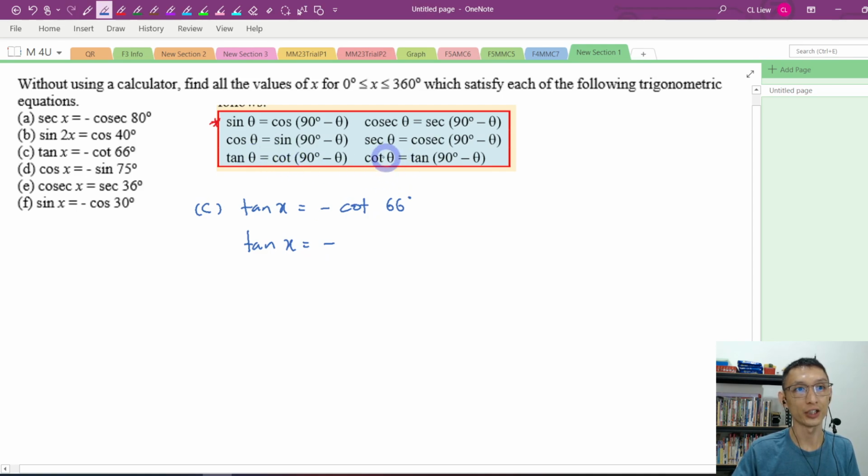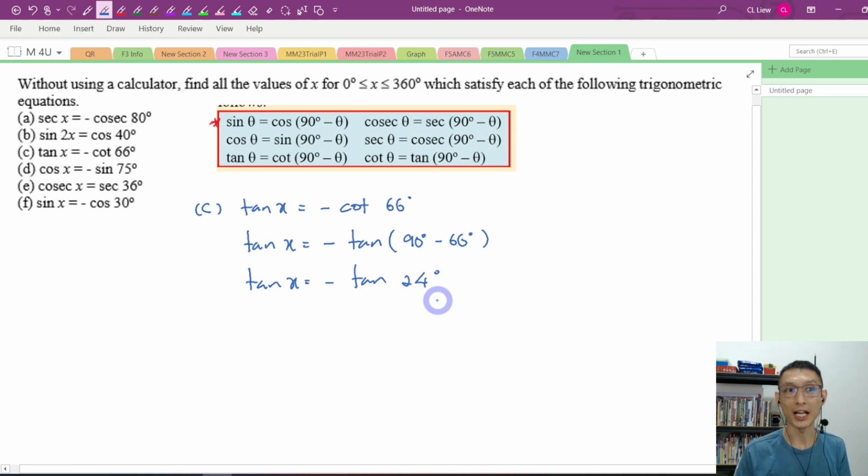Cotangent, tangent. So now I change to tangent. So it will become 90 degree minus 66 degree. Okay, so from here I know that the reference angle is actually 24 degree.